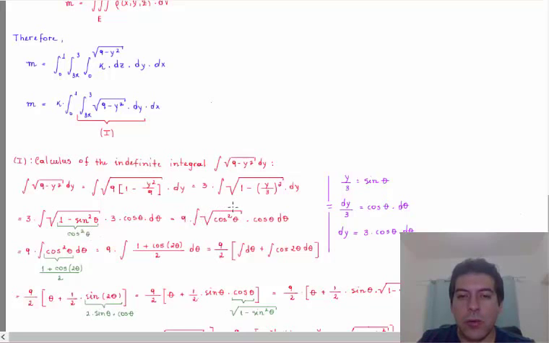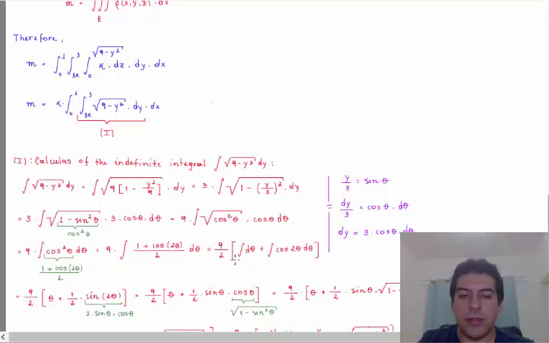So this square root of cosine squared of theta times cosine of theta will be just cosine squared of theta, and we will apply this substitution right here. We can write cosine squared of theta as 1 plus cosine of 2 theta over 2, and this denominator 2 goes outside of the integral, and we'll split into two integrals.